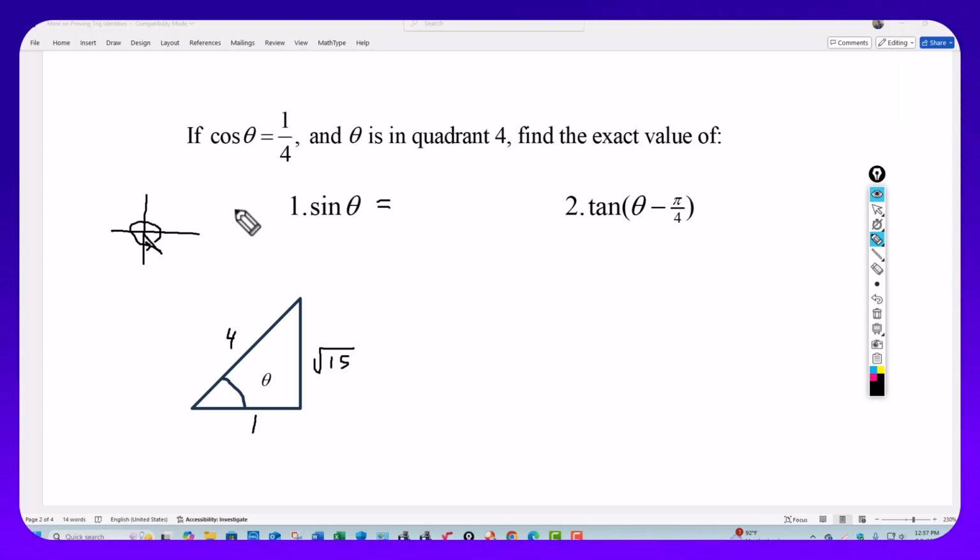So the sine of theta, if I look at the triangle, is opposite, square root of 15, over the hypotenuse, which is 4. Remember, the angle terminates in quadrant 4. So in quadrant 4, the sine is negative.